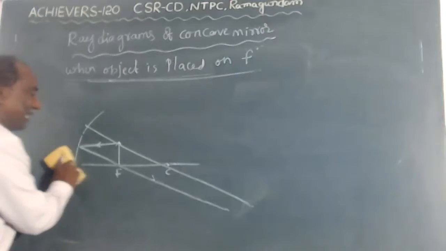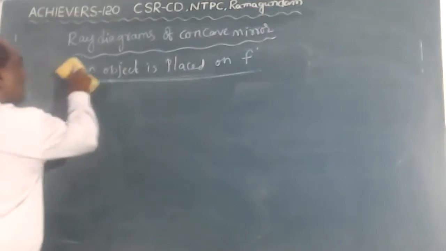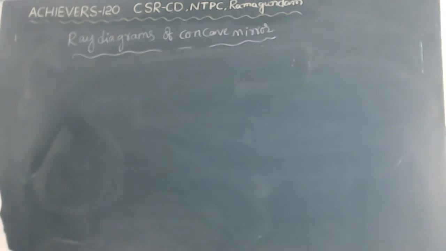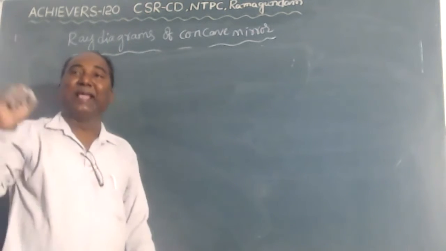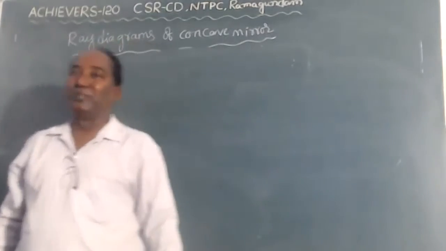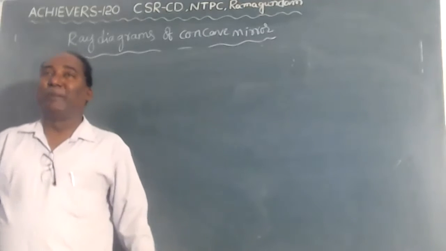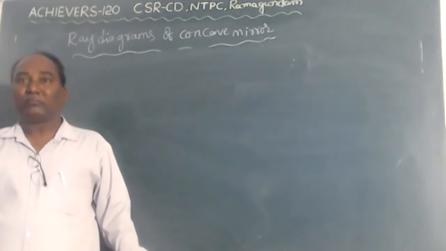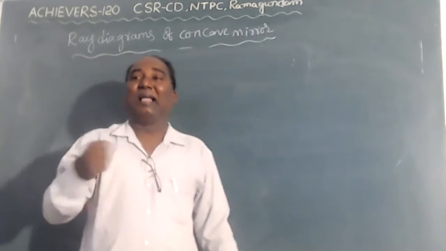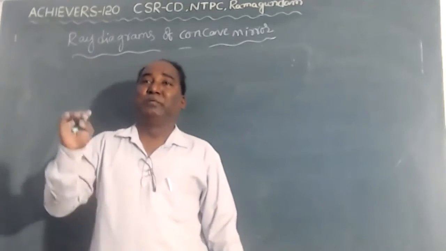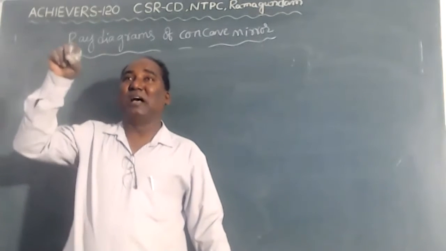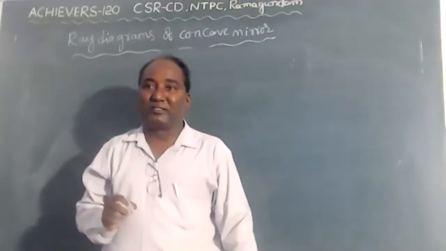So these are the ray diagrams of the concave mirror, children. The first one: when the object is placed between P and F, the image forms behind the mirror. That is a virtual image. Second: when the object is placed between F and C, the image forms beyond C, real, inverted and enlarged. Third: when the object is placed on C, it is a real image, inverted, forms on C, same size as the object.